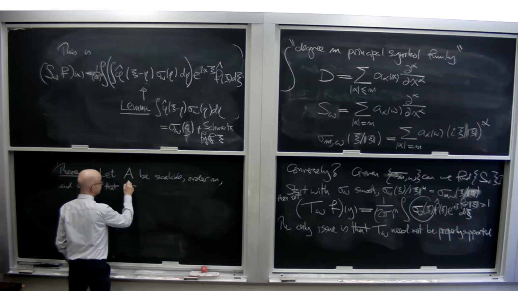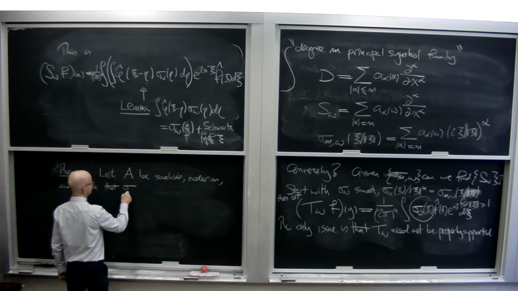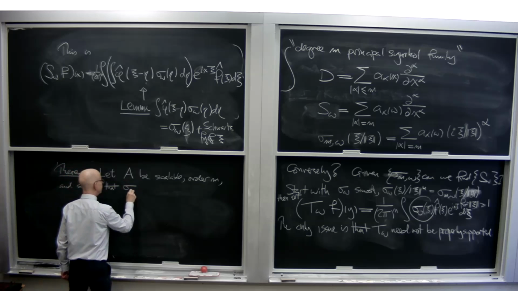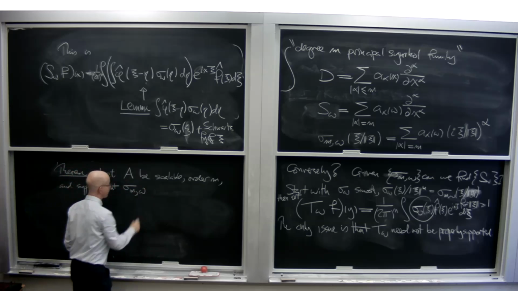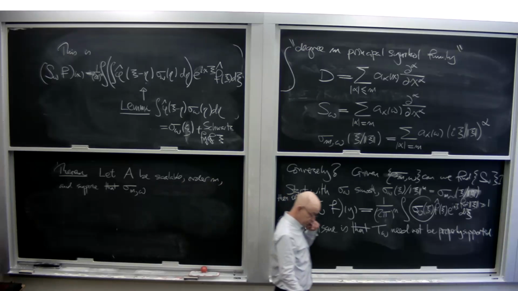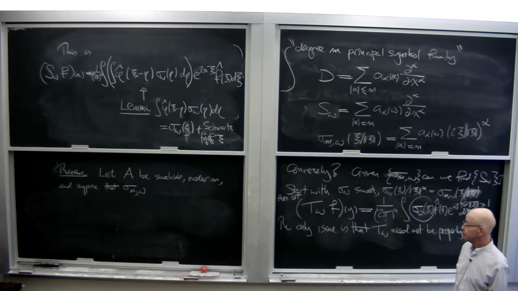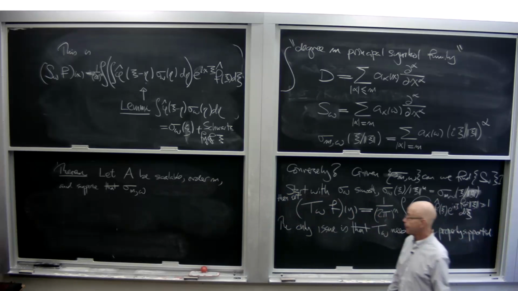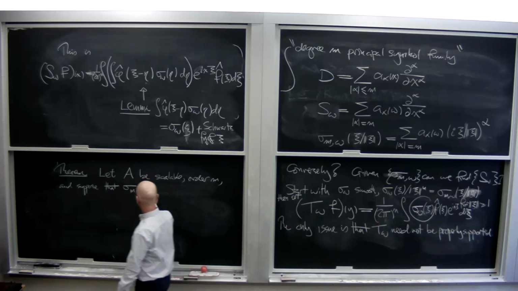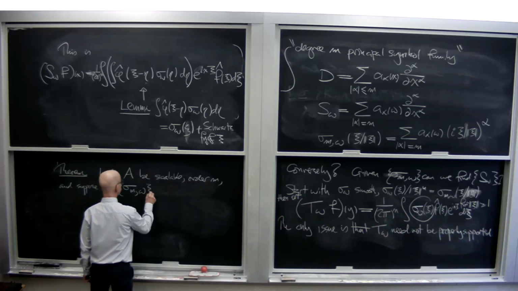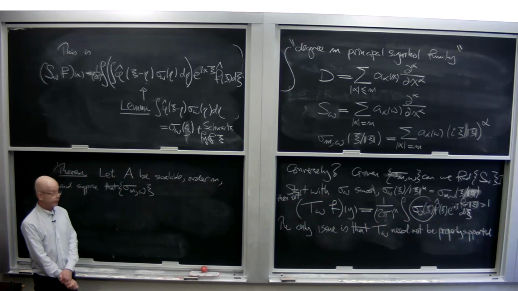So now what I want to do is take the symbol attached to A, the Fourier transform, and then take the degree m principal symbol, just like we were talking about. That's a family of functions on spheres parameterized by omega.